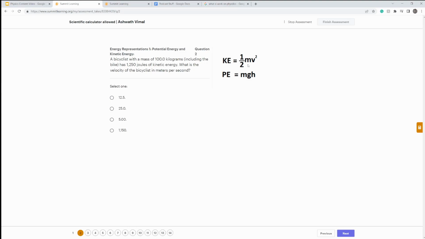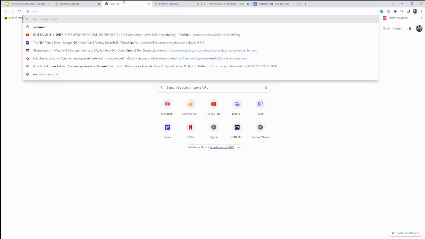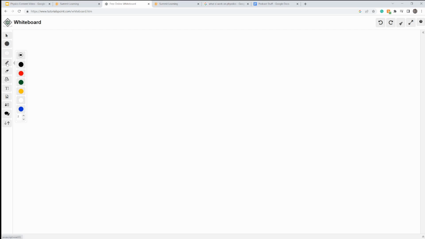Let me pull up a whiteboard real quick so you can get a better visual idea of what I'm trying to say. All right, so we have 1/2 mass times velocity squared equals KE.